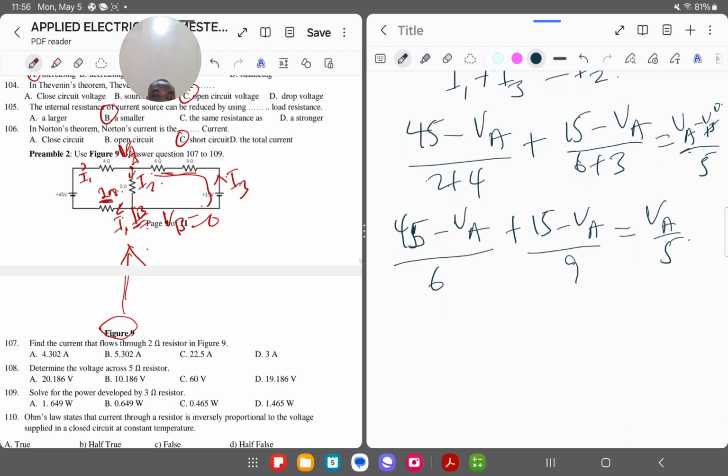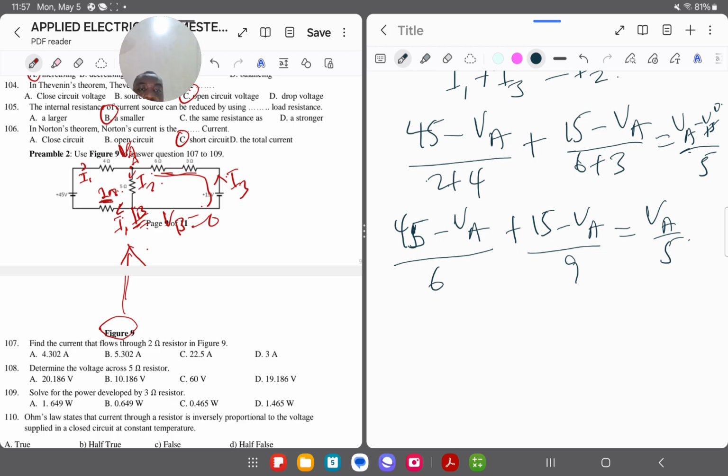Okay, now to simplify this, you can see the LCM here. We can multiply both sides by, meaning 6 times 9 times 5. That will be 270, right?